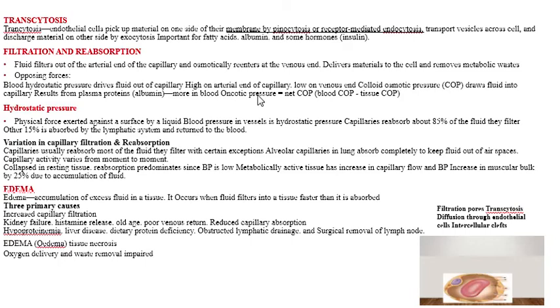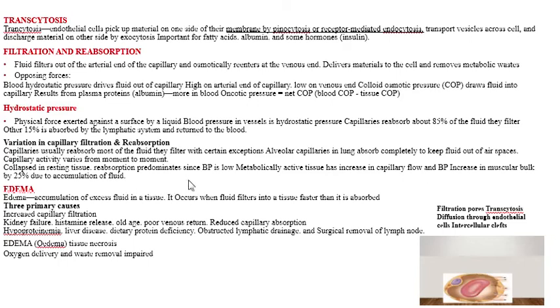Okay. So I'm going to talk about edema. Edema, there are two spellings, either edema or oedema. It's different for English or American spelling. So edema is fluid accumulation inside the tissue, intracellular or extracellular.